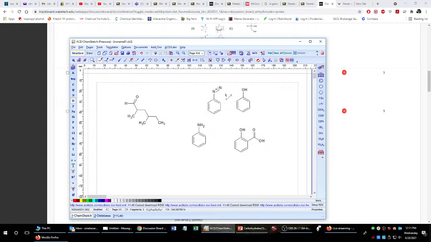So yeah, use the diazonium to convert to the phenol. Then if we use CO2 and sodium, the sodium just removes the hydrogen to give us an O negative. It's a mechanism that is written out in the notes. Let's see if I can find it really quick. But this is what's called the Kolbe-Schmidt reaction.